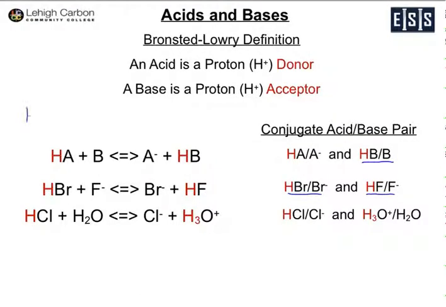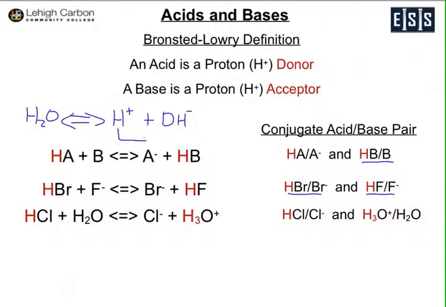Water in its natural state actually dissociates in equilibrium, and some of the water will break up into two ions, the hydrogen ion and the hydroxide ion. What happens immediately is that the hydrogen ion very quickly reacts with another water and forms the hydronium ion.